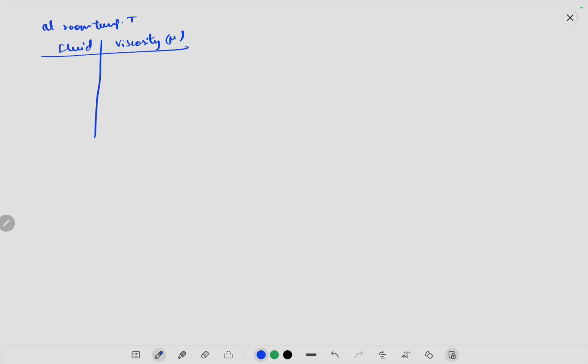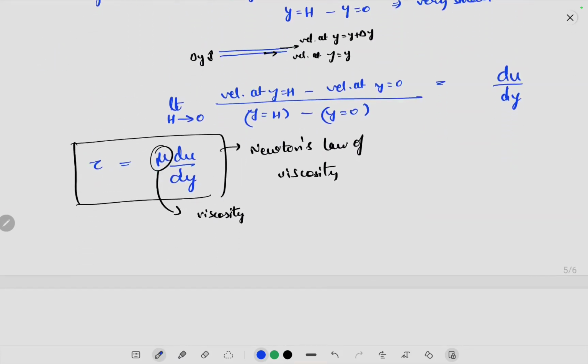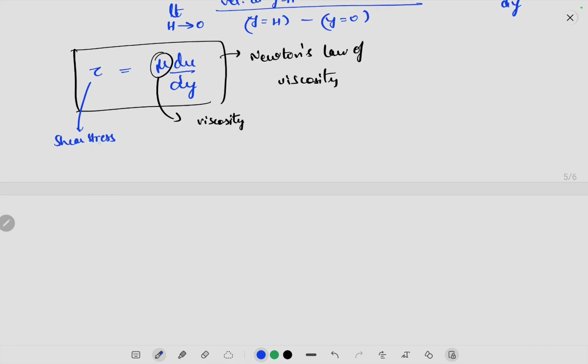By the way, what would be the units of viscosity? So we go to this formula. This is your shear stress. The unit of shear stress is the same as the unit of pressure, which is Pascal. Okay, let's write it with some other color. So this has units of Pascal, and then you have this mu, whose units we want to find.